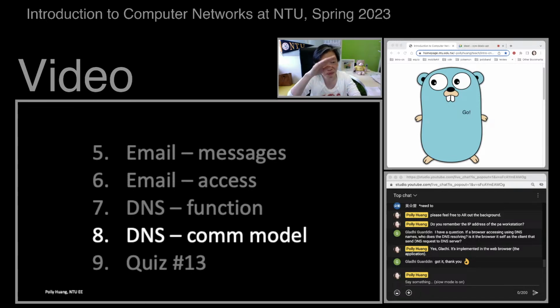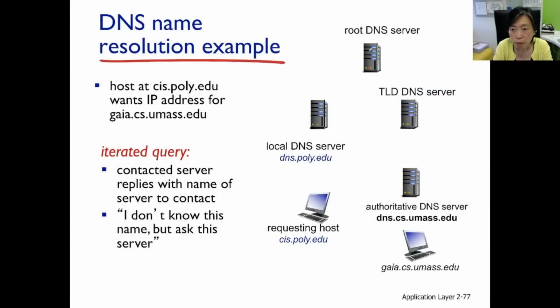There are actually many steps involved to finally find the mapping. So far, we've learned that there's a hierarchy in the DNS servers: here's the top, second, and third level. And we also know that there's a proxy server there, always working on behalf of the client, sending the DNS queries.